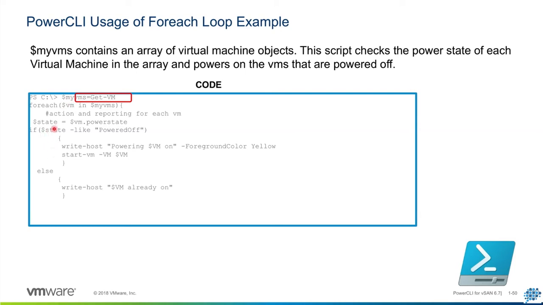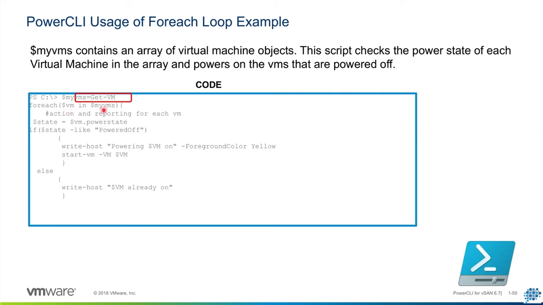Next, I use the construct called foreach, which we saw earlier, and we say foreach $VM in $myVMs. I'd like to reiterate this once more: $VM is nothing but a placeholder, and it will assume the value of each member of that particular array, which is myVMs.